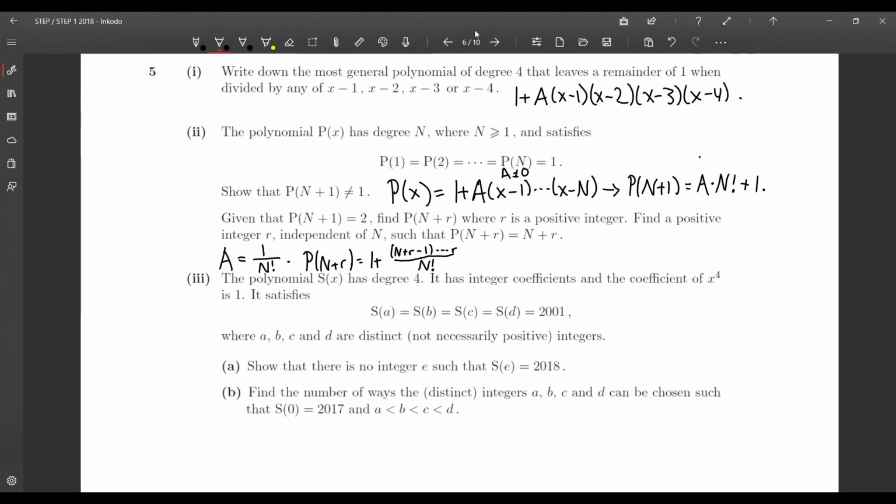Now this is reminiscent of a combinatorial thing. This would be 1 plus n plus r minus 1 choose n.